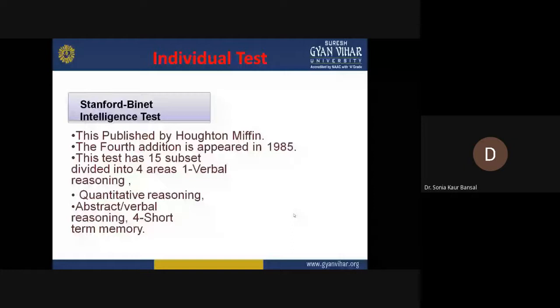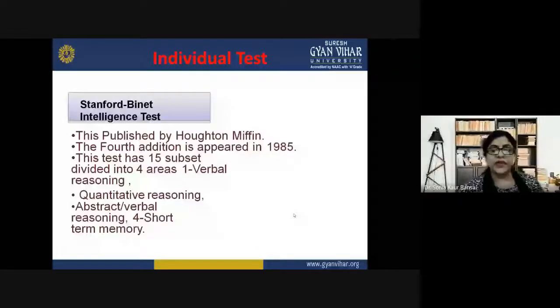Then the 4th edition appeared in 1985. This test has 15 subtests divided into 4 areas. First is verbal reasoning, second quantitative reasoning, abstract or visual reasoning, and then short-term memory. So this is about the Stanford Binet intelligence test.